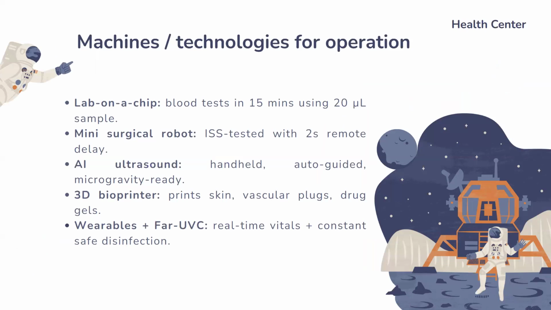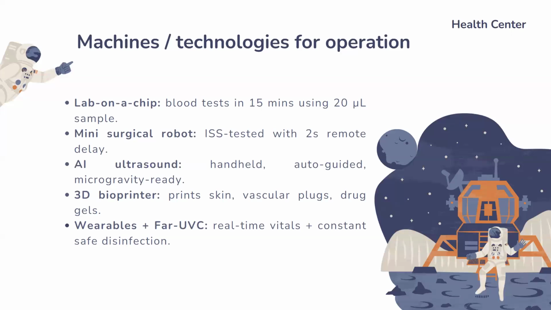Then let's go to machines and technology for the operation. First of all, let's start with the diagnostic lab on chip, which represents the most significant breakthrough in miniaturized diagnostics as we know today. It uses microfluidic technology to analyze the blood chemistry, ion balances, the complete blood count, and even inflammation markers like CRP.